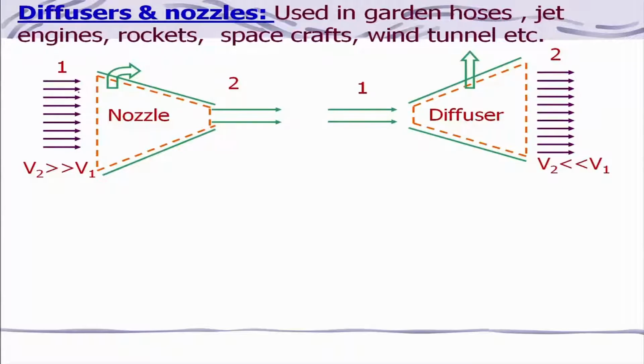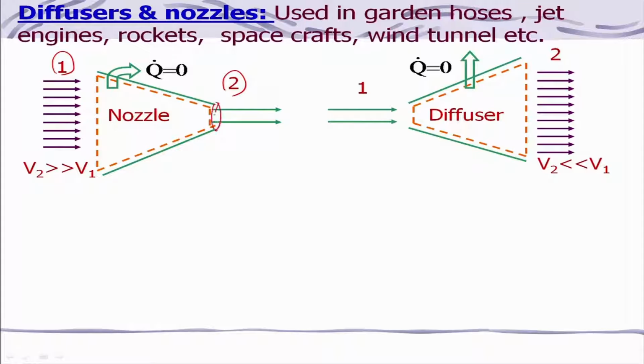So, let us consider a case of a nozzle. If the fluid is entering with a certain velocity, let us say V1, this is station 1 we are considering, and station 2 here, and the fluid is entering with a certain velocity V1, and then when it moves through the nozzle, because there is a change in area, area is higher at station 1 and then it is low here.